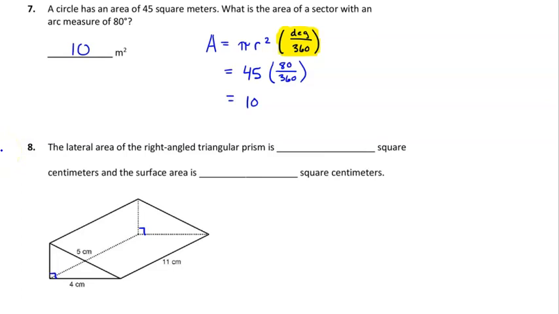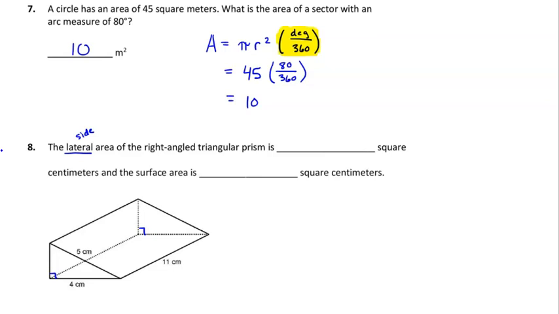Lateral area, lateral means side. And so when they talk about the lateral area, they're talking about everything but the bases. So in some shapes you have 2 bases, and in some shapes you have 1 base. The lateral area is everything but the bases. Your surface area is everything on the sides and the bases together.